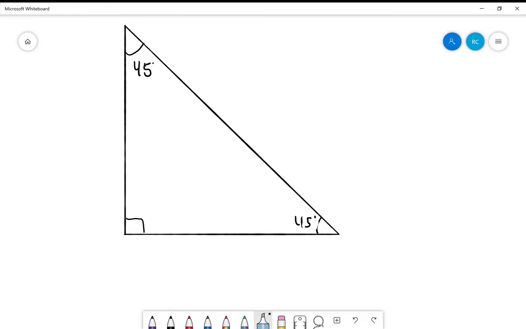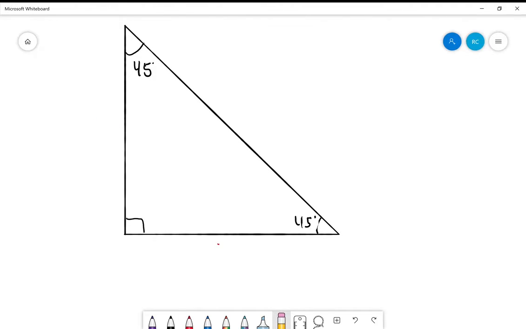Well, what do we know about this 45, 45, 90 triangle? If this side is, I don't know, a 7, well, how much is this side? Now, you should be able to tell pretty quickly that this side is also 7. How do I know that?